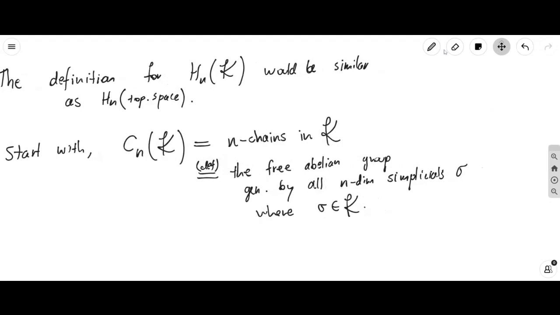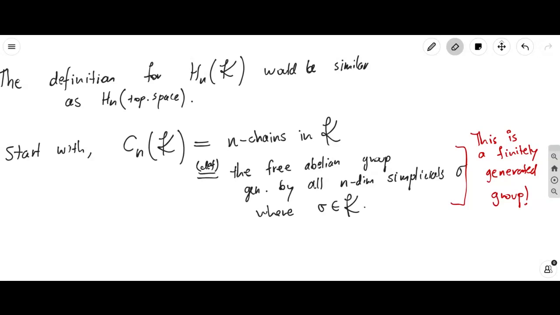And the key observation here is that this is a finitely generated group. There's a finite number of generators. In topology, the n-dimensional chains of a topological space form an infinitely generated abelian group. In fact, the number of generators will be uncountable in most cases.